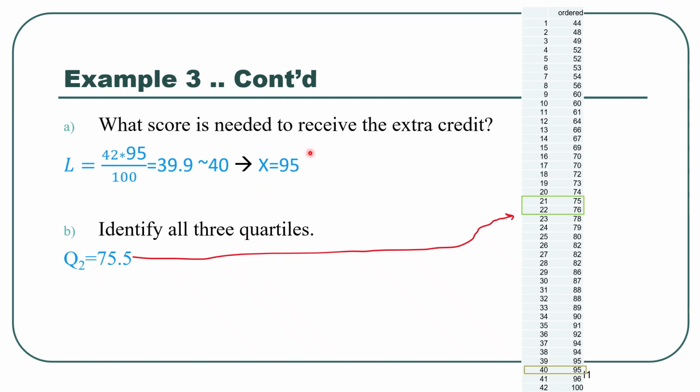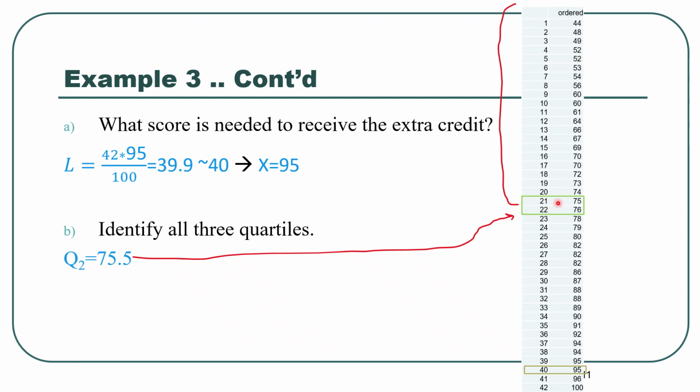And Q1 is the median of the first half of my data, those values below the median. The median would be exactly in that middle. So how many values do we have here? I have exactly 21 values. This is odd, so the value exactly in the middle of those 21 would be the median of my first half of the data, which is Q1 by definition.